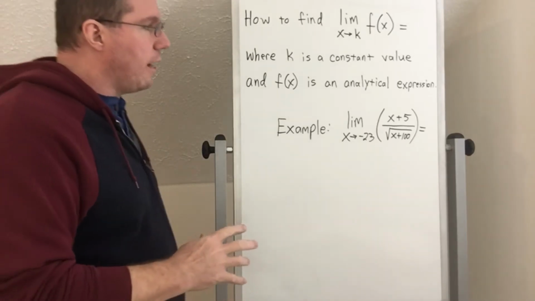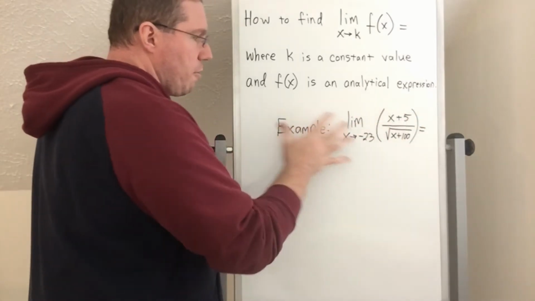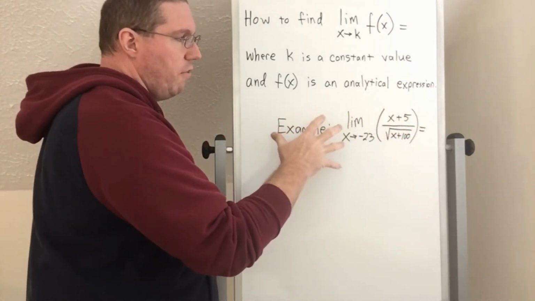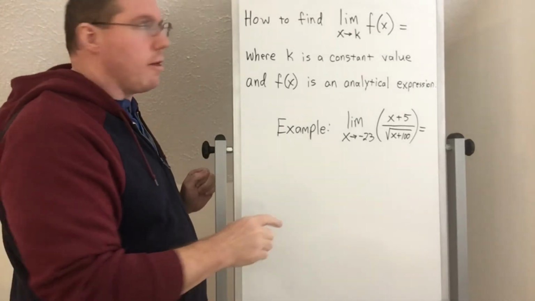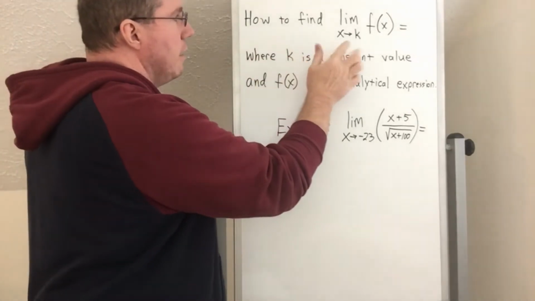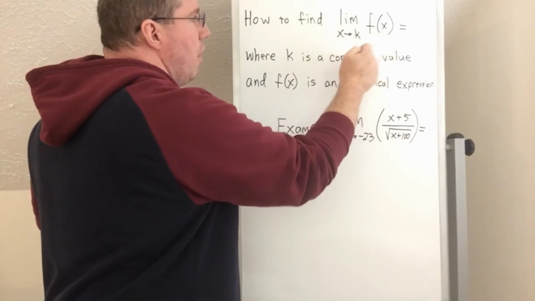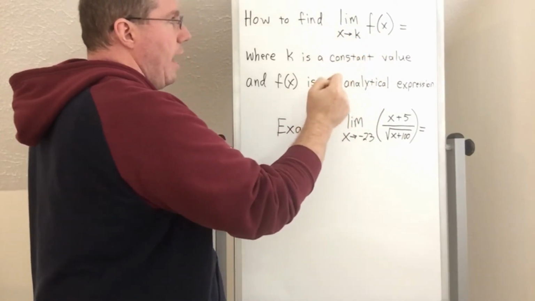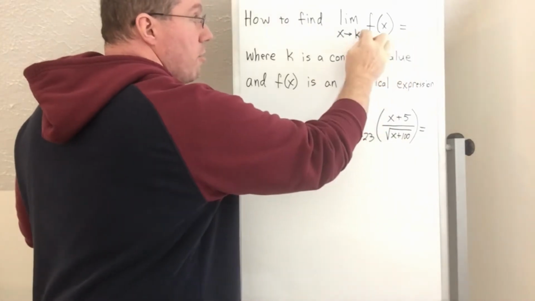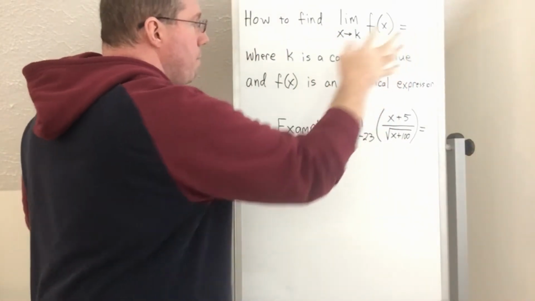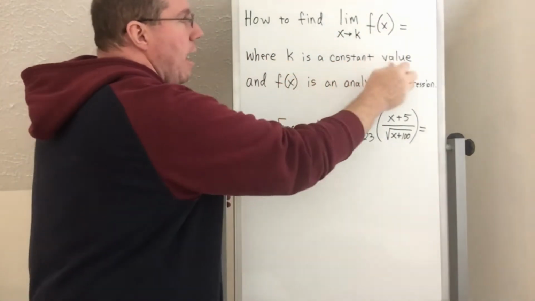All right, so now you don't have to write this part down. This is just an example of what it looks like, okay? What we're basically going to do in this lesson is I'm going to show you how to find the limit of a function as x approaches k. So the limit of f of x as x approaches k, notice it's a two-sided limit, where k is a constant value.